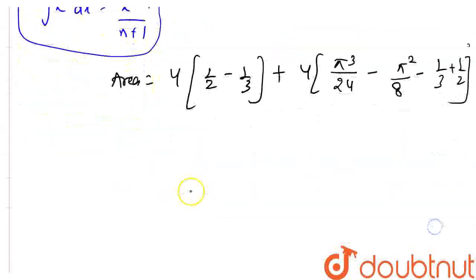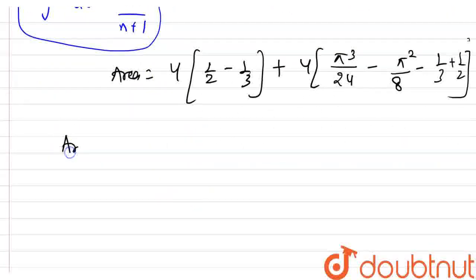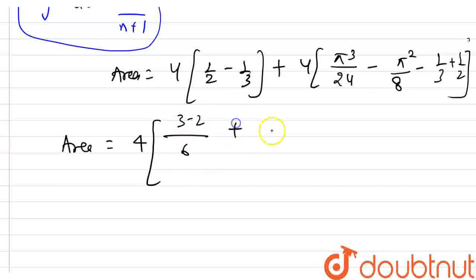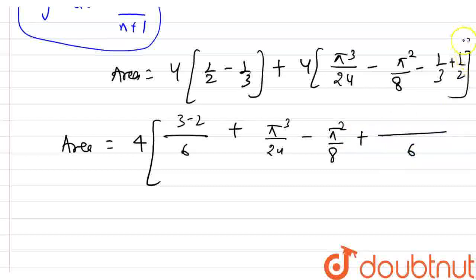Now finally I'm going to simplify this. So my area will be equal to, I can take 4 completely common, and it will be 1 by 2, on taking LCM it will be 6, and it will be 3 minus 2, plus pi cube by 24 minus pi square by 8, minus on taking LCM it will be 6, and here we can write this as 6 with the positive sign. I'm taking this here and this here. So don't get confused.